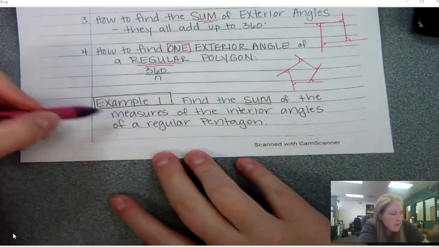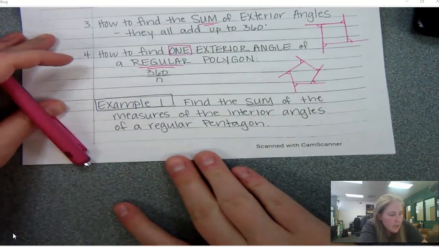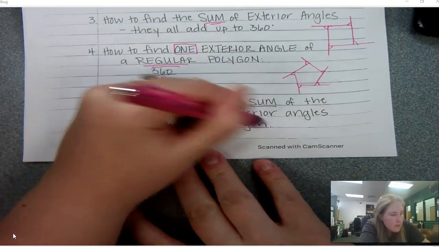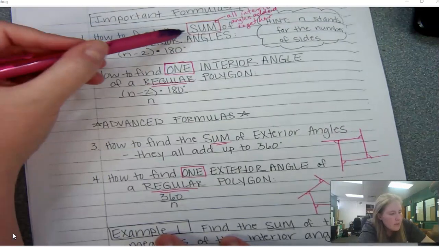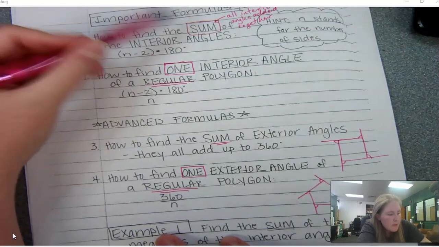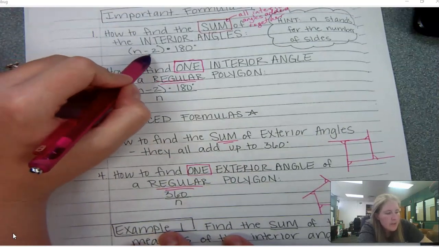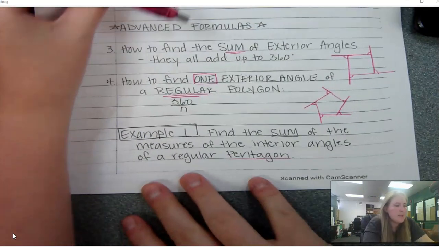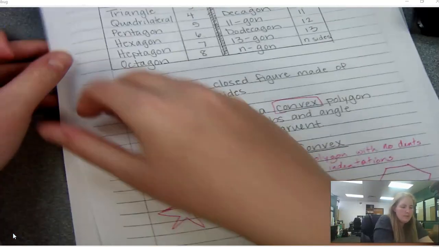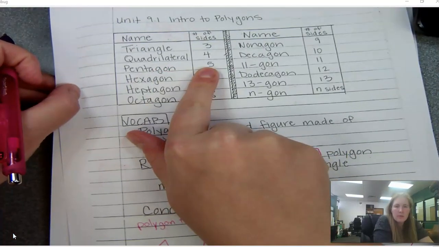We're going to find the sum of the measures of the interior angles of a regular pentagon. The sum of those angles is going to be the number of sides minus 2 times 180. A pentagon has 5 sides, which we can see right there.